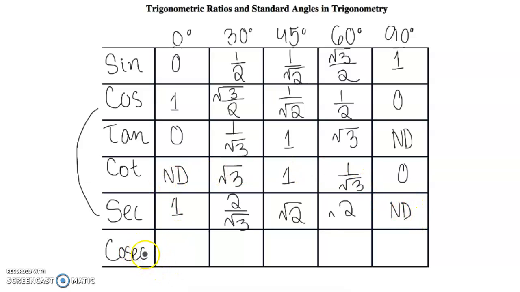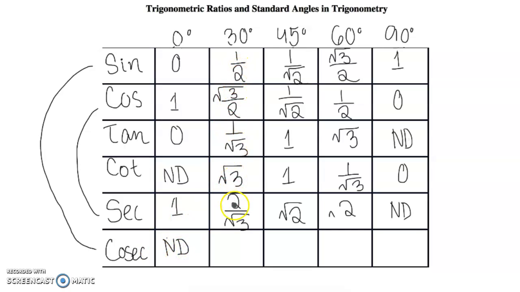Finally, for our last row, for cosec theta, we're going to draw a line between cosec theta and sine theta. This means that cosec theta and sine theta are the reciprocals of each other. So, cosec 0 theta is equal to undefined.